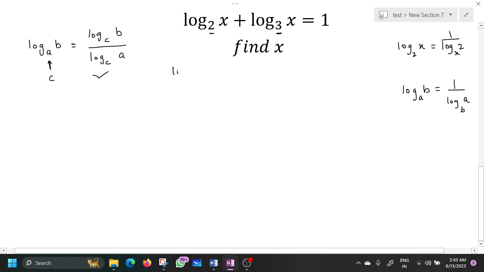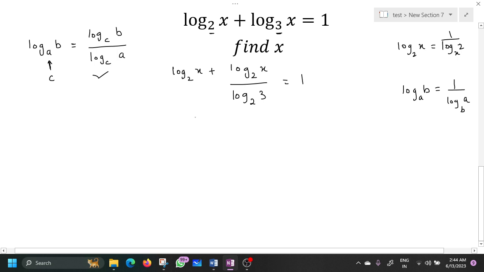So we have log base 2 of x plus, we are going to change the log base 3 to log base 2 again. How will you change it? You can write it as log base 2 of x divided by log base 2 of 3, and it is equal to 1.